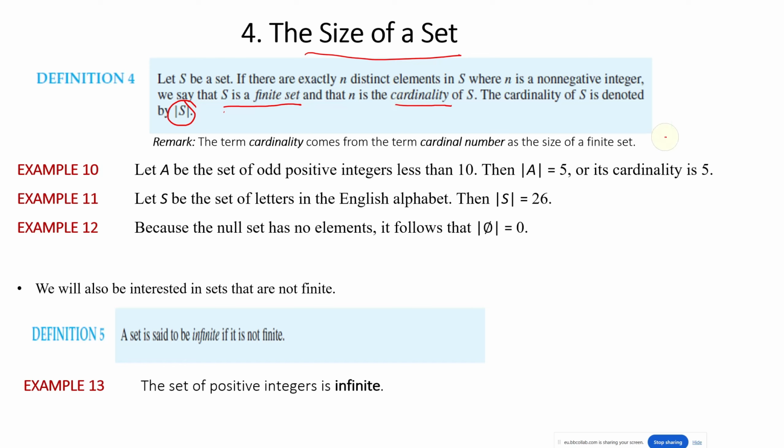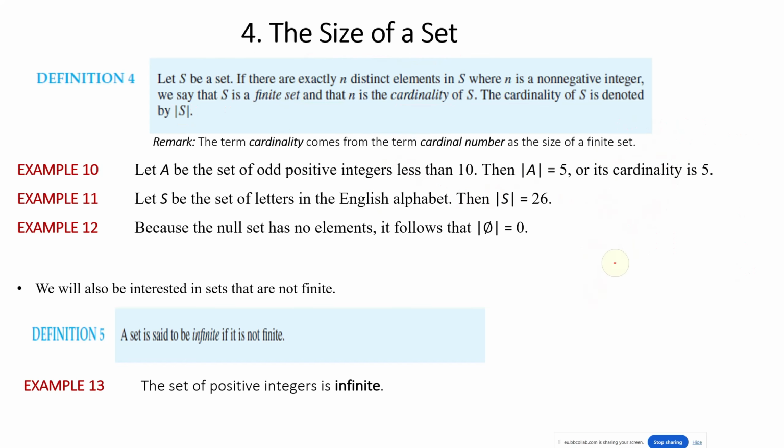If I tell you the set of all natural numbers, 1, 2, 3 until infinity, what's the cardinality of N? There's no way to find it because this is not a finite set.